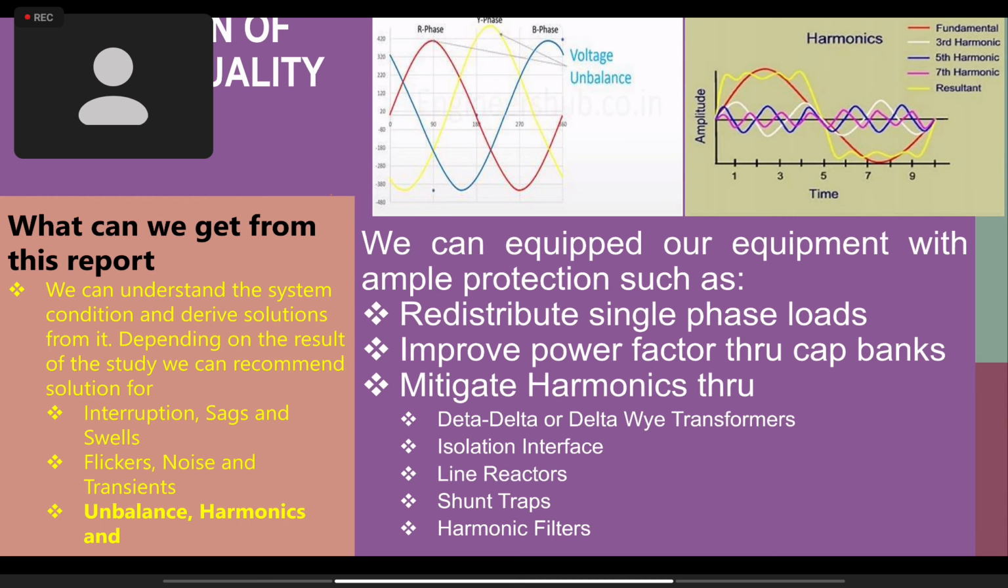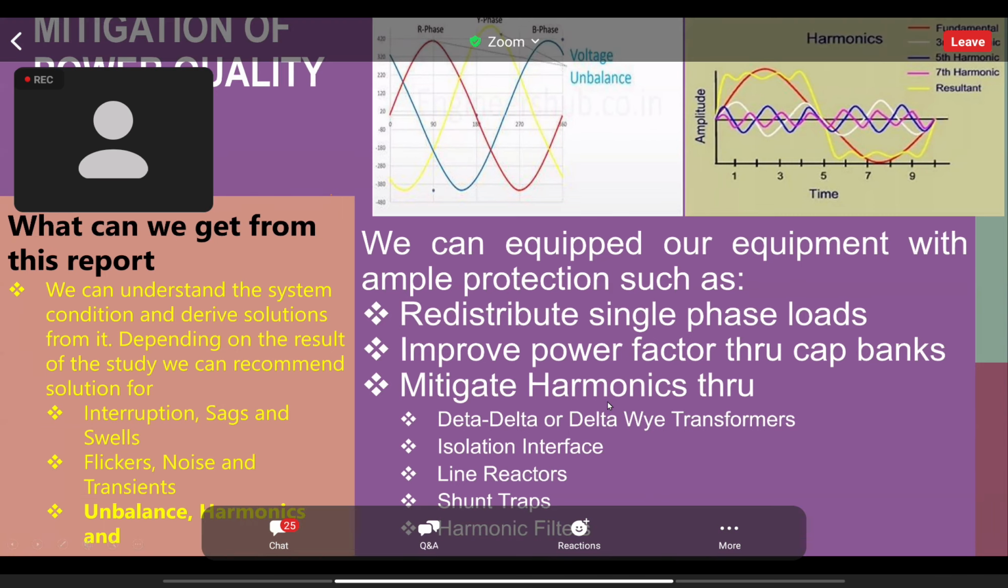So we can size our mitigating equipment effectively if we are equipped with ample information of our system. So pag mas marami tayong alam na information sa ating system, we can better address the issues with the right equipment na pwede natin gamitin. Okay, so yun yung advantage of having the information from our power quality analyzers.